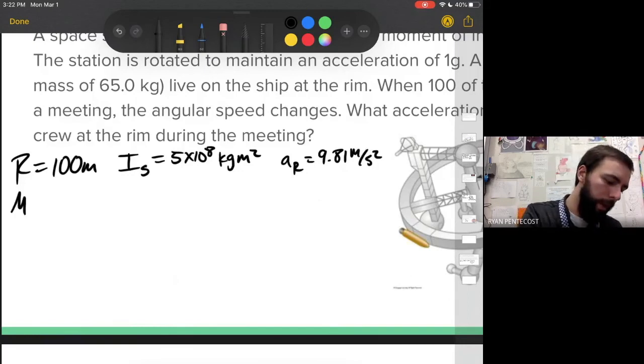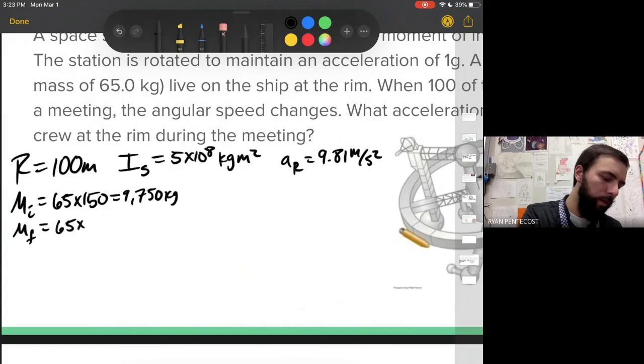The initial mass is 65 kilograms times 150 people. That gives you 9,750 kilograms. Then for the final mass, we are now only considering 50 of them because 100 of them are on the axis of rotation. So that means that they are not going to contribute to the moment of inertia.